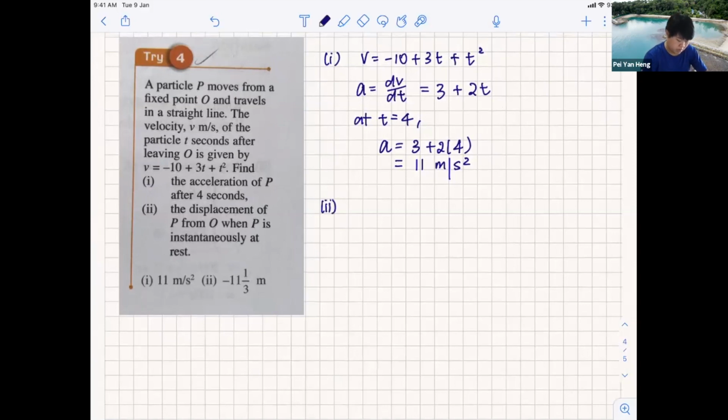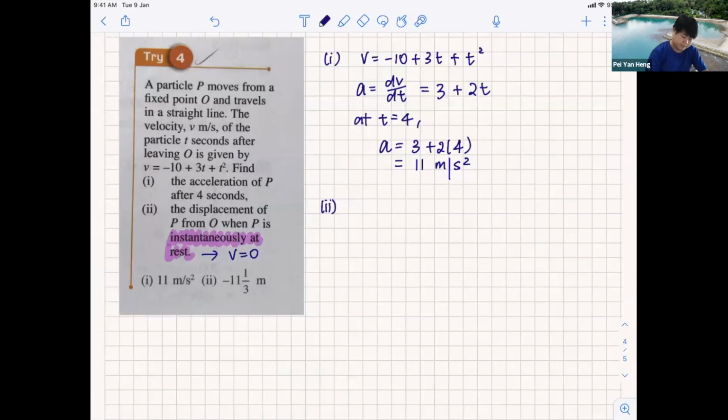Back to part 2. Displacement of P from O when P is instantaneously at rest. That's the keyword again here, instantaneously at rest. What this means is you are looking at v equals 0. Here we don't have the time.